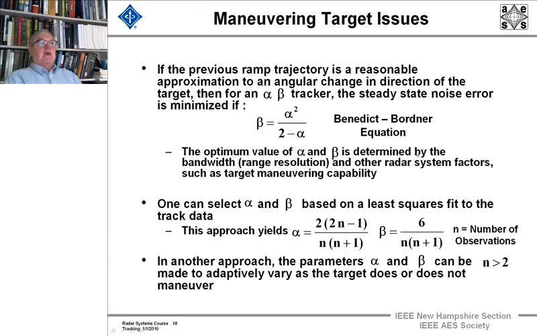Now, maneuvering targets can be handled in many different ways, by adjusting for the accelerations you expect. With airplanes, the pilot will usually turn, a 3G turn. If it's a very slow turn, you'll see it coming from one scan to the other.